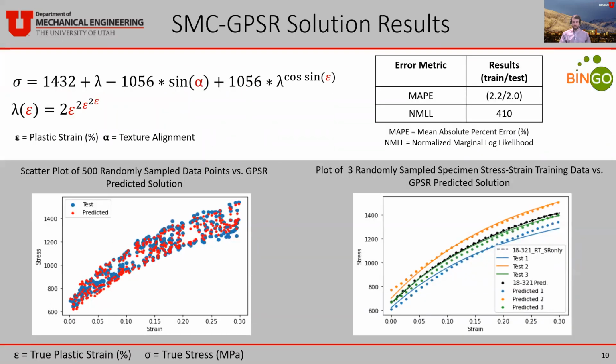So again, on the top right was the solution found. Unfortunately, at least from my perspective, it was quite a complex solution and wasn't very interpretable. From the algorithm's perspective, though, this model only has two fitted parameters.